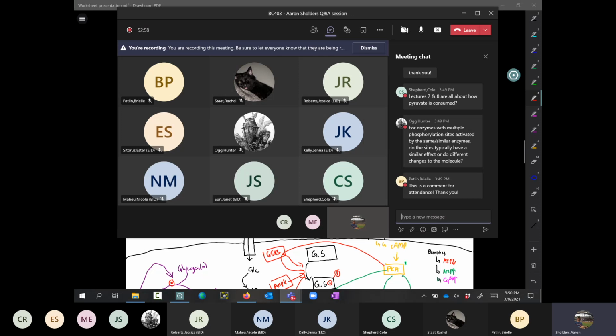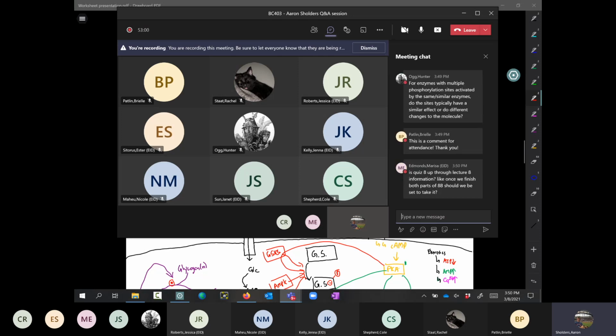So, okay. Right. Hunter's got this question. For enzymes with multiple phosphorylation sites activated by similar enzymes, do the sites typically have a similar effect, or do different changes to the molecule? So if we're generalizing, the answer would be yes. Sometimes the additional phosphorylations can just be more of the same. Many times, though, it's usually different. It usually causes a conformational change that sometimes even reveals an additional phosphorylation site that can lead to greater and greater inhibition, right?